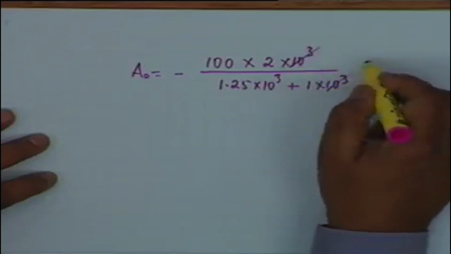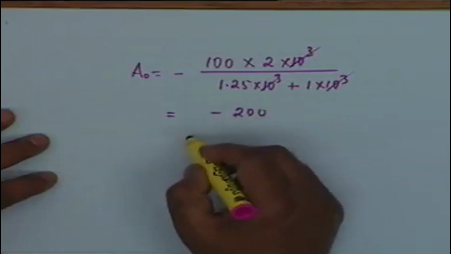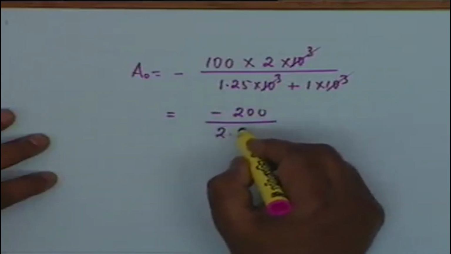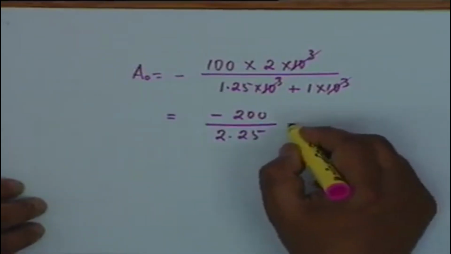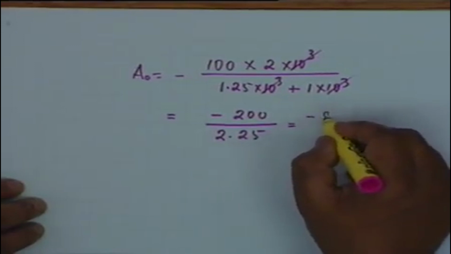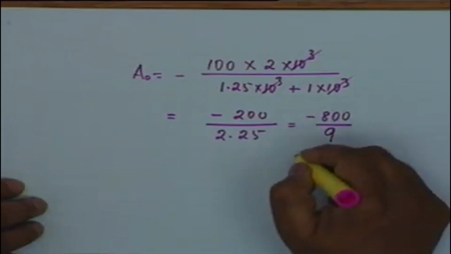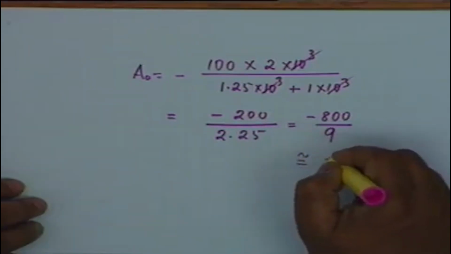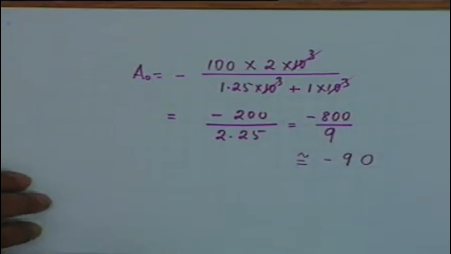So 10 to the 3 can be ignored. This is minus 200 divided by 2.25. Is this minus 800 by 9? Yes. And as you can see, this is approximately equal to minus 90. It's slightly less than 90, 89 point something.